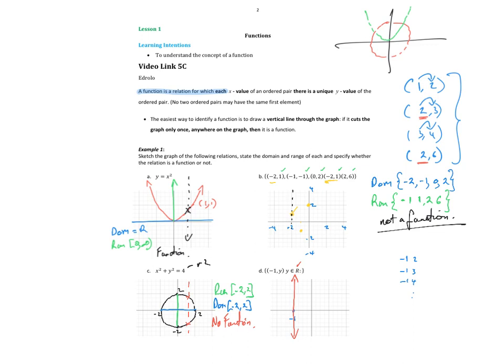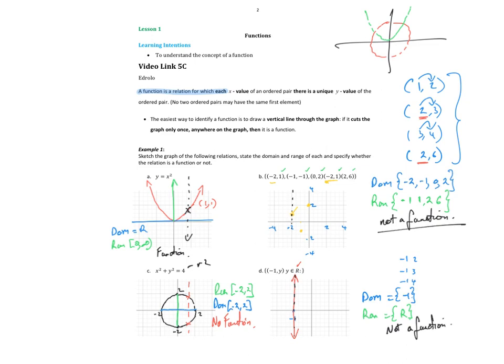So my domain, well, what x values can I have? It's just equal to -1. The range, well, I can have any y values I want: R. Is it a function? Well, no, it's not, because obviously I can draw a vertical line through that point at x equal to -1 and cross it infinitely many times, so not a function.